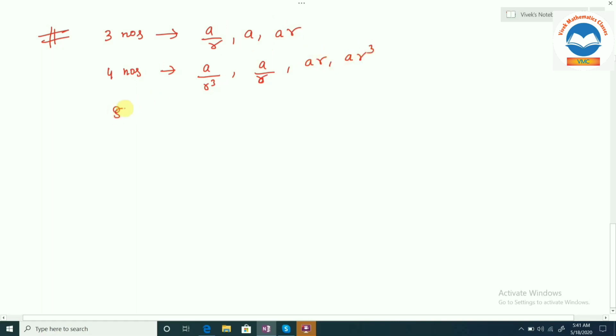If you want to take 5 numbers in GP, we can take as A by R square, A by R, A, AR and AR square. Similarly, we can take other numbers also.